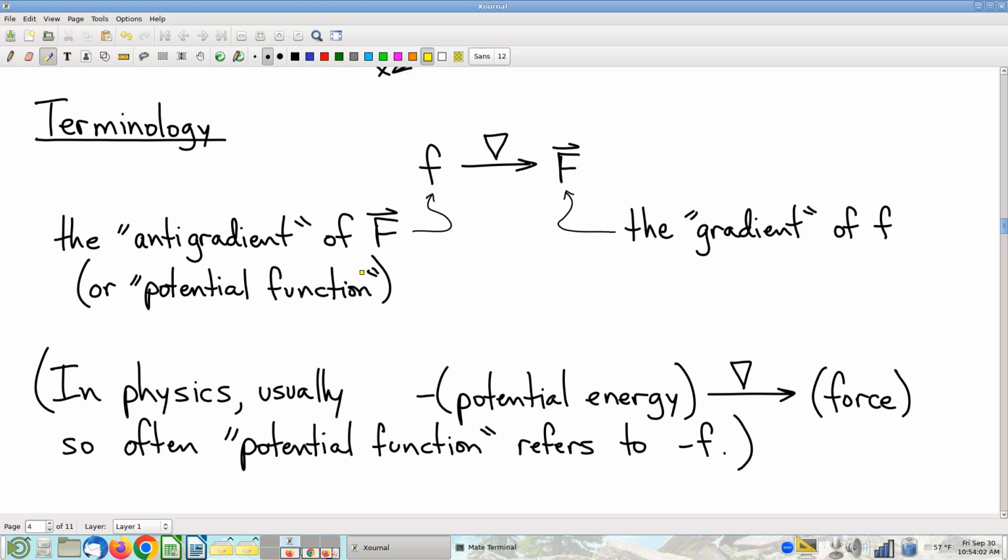So why would we use a language that is peculiar to one example of the mathematical relationship that we're seeing here? So anyway, I'm not a fan. You're going to hear me say antigradient in the book and in other books and in other classes where you apply these ideas. You will more likely hear the word potential function. Okay.